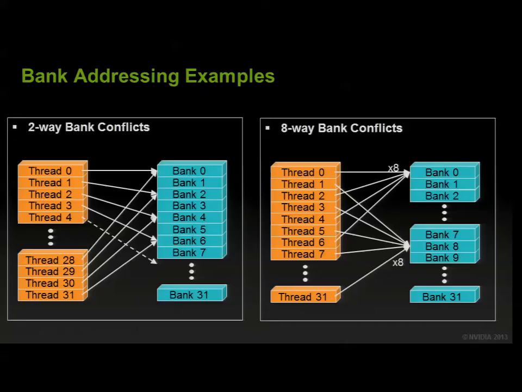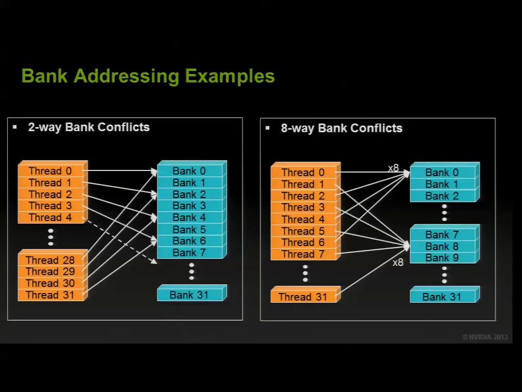What the hardware will do, I mean, just imagine on the electrical level, right? You have a wire between each one of the threads and these memory elements, and you're saying, hey, memory bank, give me this value at address A. And at the same time, you have another thread that says, hey, memory bank, give me this value at address B. Well, the memory bank can only give you one value at a time, because there's only one wire between the memory and the threads.